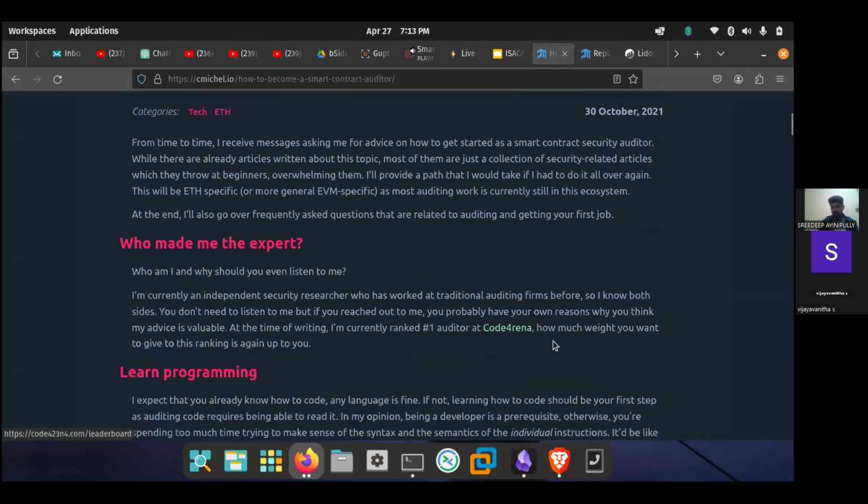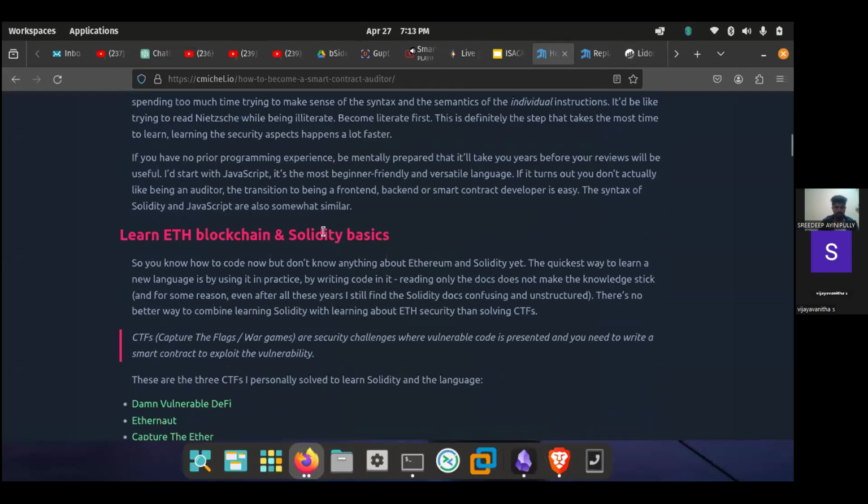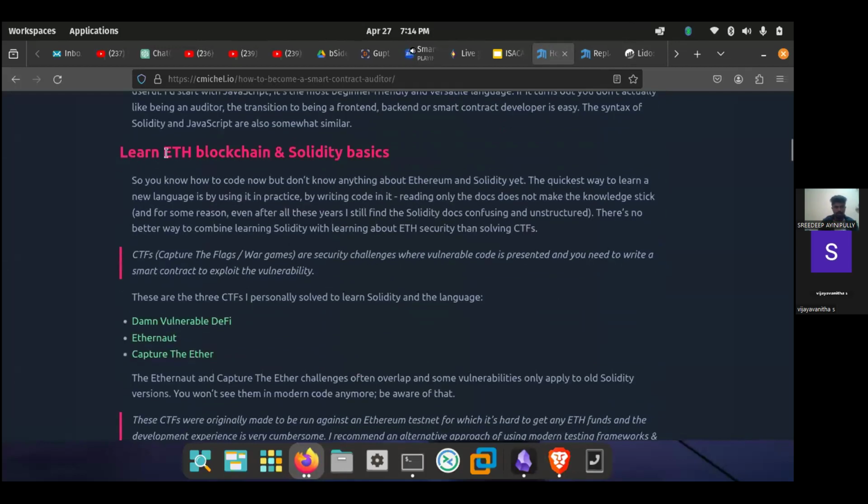Codera is a platform like HackerOne or something. He is number one on Codera all over the world. He learned Solidity on this website. He used to say: learn Ethereum blockchain Solidity basics. See, Ethernaut is listed there. This is where I learned smart contract auditing.